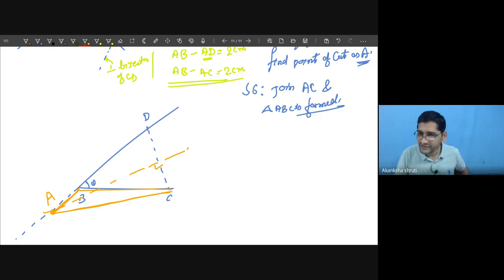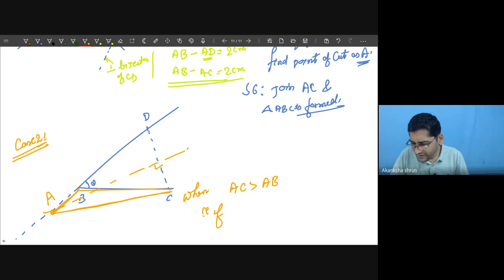It becomes like this. So this is case 2 basically, when this AC is greater than AB, that is if AC minus AB is given, let us take this as 4 centimeter.